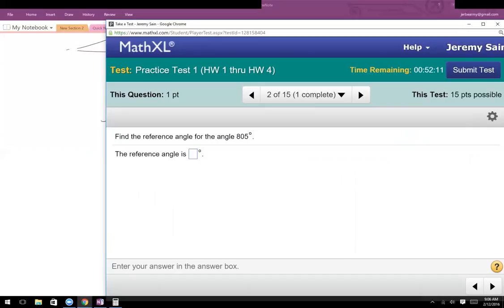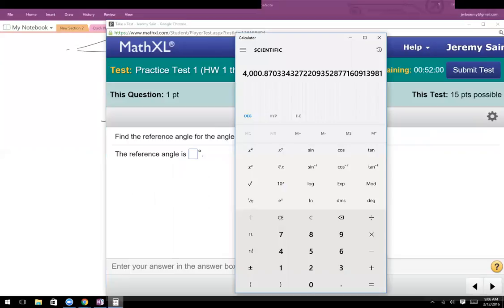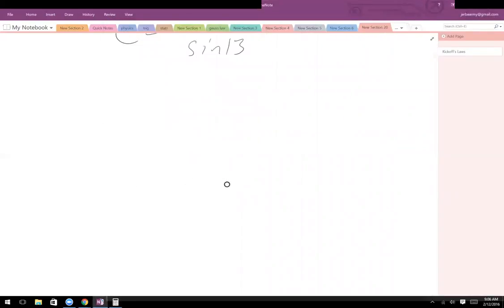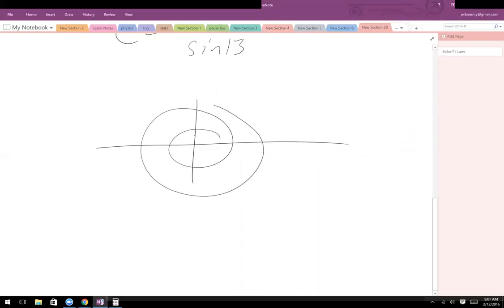Okay, find the reference angle for 805. So first of all, we subtract off 360s to get less than 360. So 805 minus 360 gives the coterminal angle, which is 85 degrees.